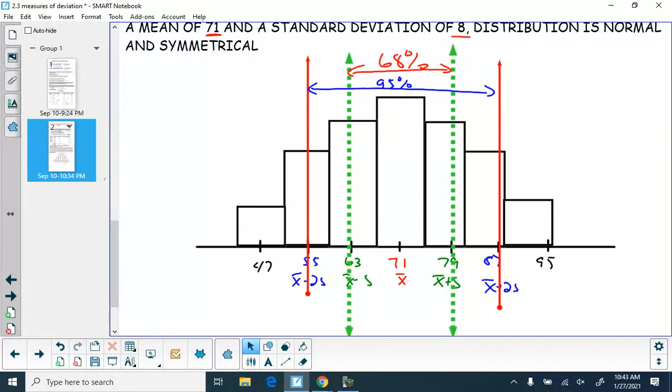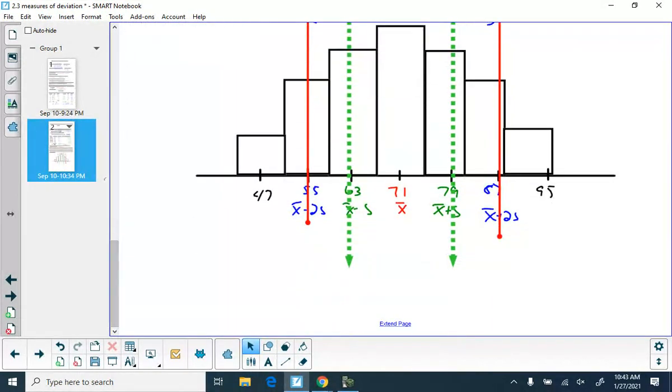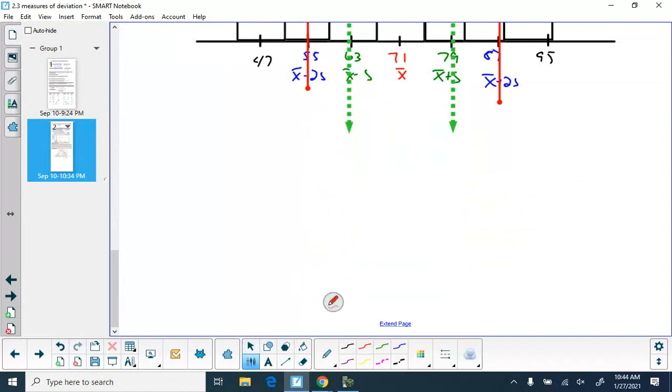What I'd like you to do for homework is I would like you to find some standard variances and standard deviations of ranges. Now, in the bottom one, you have number 3, you have 2 rows of data.